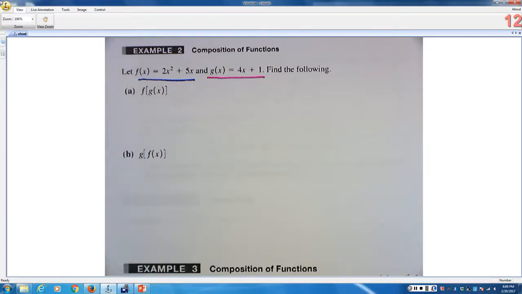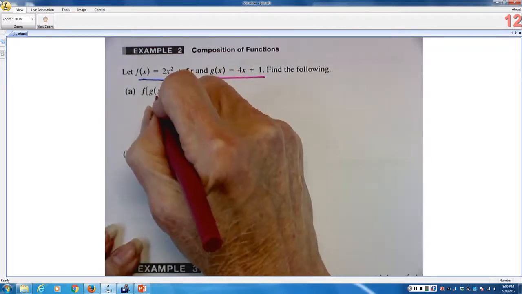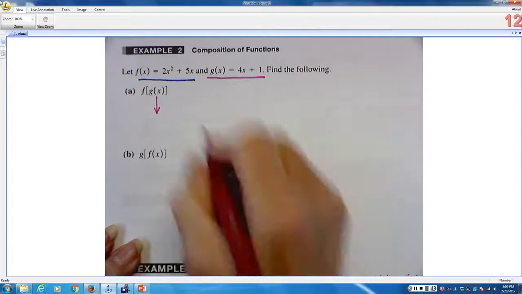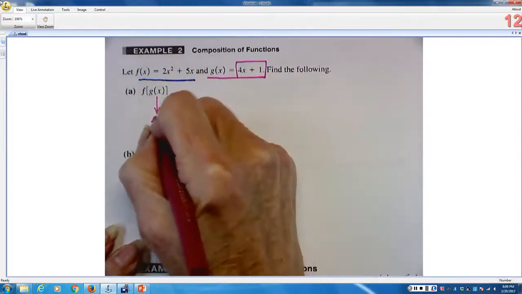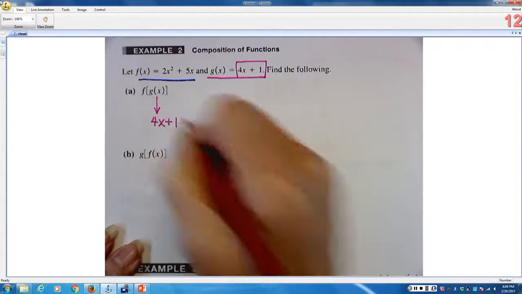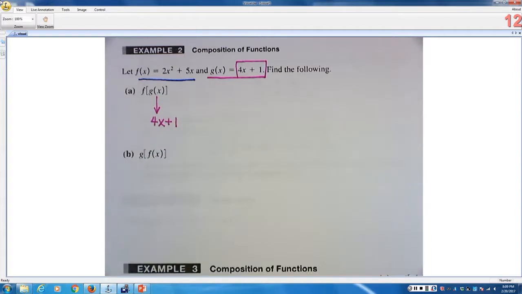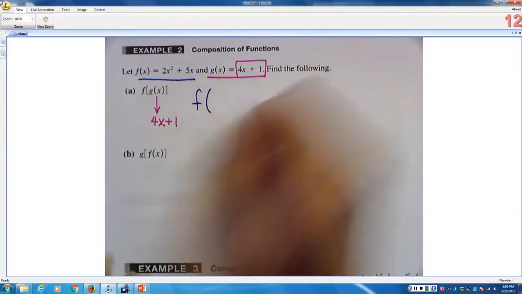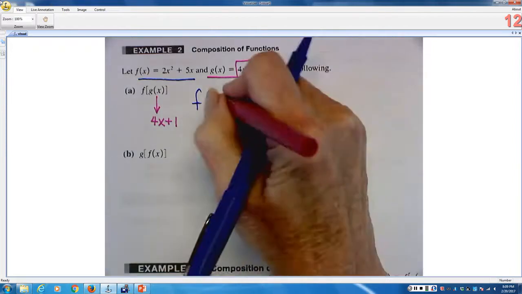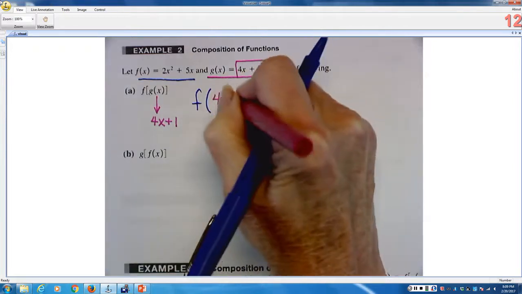Okay? This says f's on the outside. What we want to do is, in place of g of x, put the actual expression 4x plus 1. So what we're finding here is f of 4x plus 1.